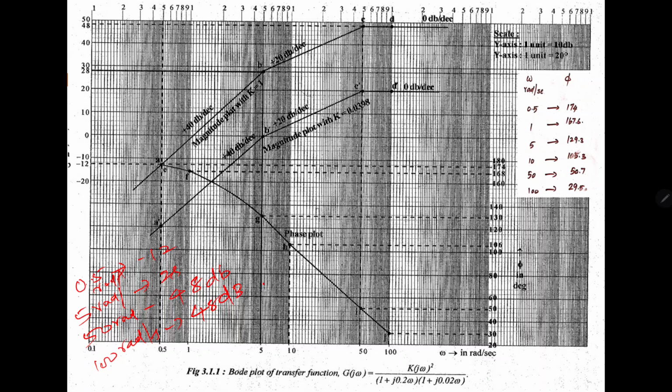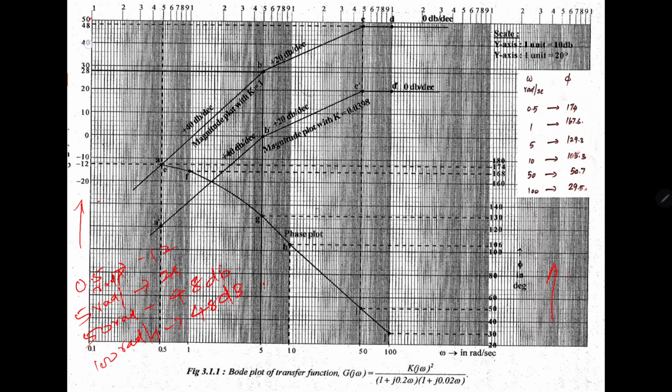For that, first we are going to mark the magnitude in dB on the left hand side, and the phase angle in degrees on the right hand side. The left hand side depends upon the range of the magnitude, that is minus 12 dB to 48 dB, so we have to give the specification. I am taking the y-axis where one division is 10 dB. For example, I am starting with 50 dB.